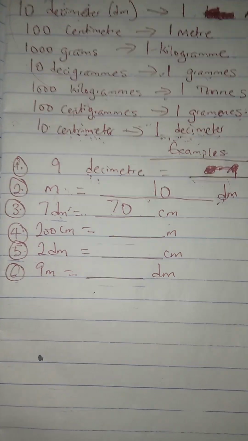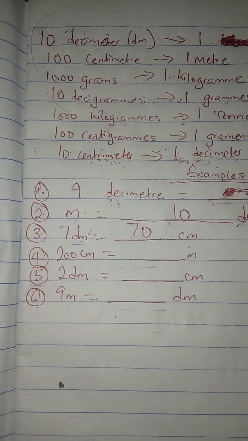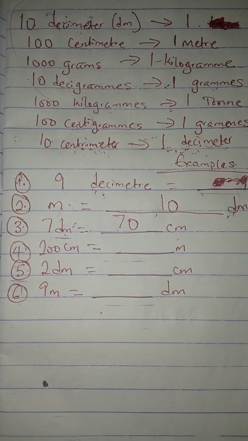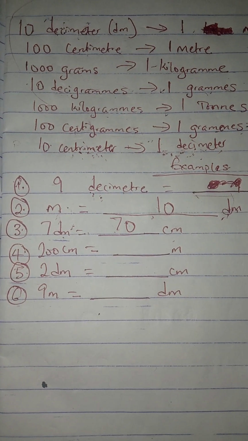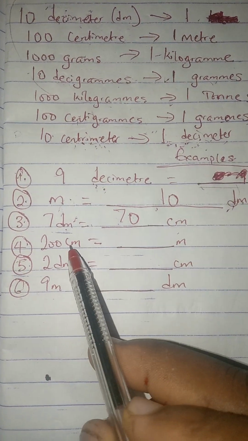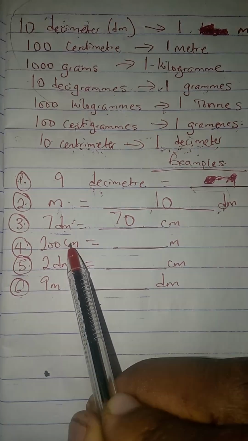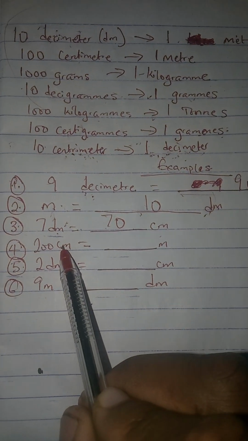Now let's look at the next question. 200 centimeter equals to what? Dash meter. Now, the first thing you should look at is what? This centimeter. What did I tell you? Cent represents what? 100.